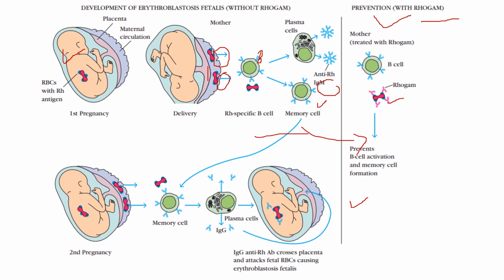RhoGAM first reacts with the Rh positive RBC. If the mother is treated with RhoGAM during pregnancy, it's unlikely she will produce the harmful IgG anti-Rh antibody in a subsequent pregnancy with an Rh positive fetus. So this protects the fetus from potential harm caused by this antibody crossing the placenta.